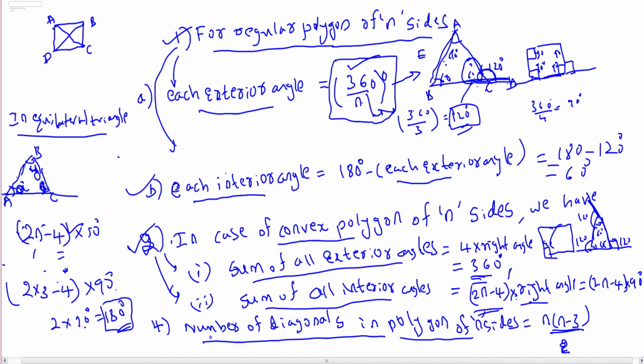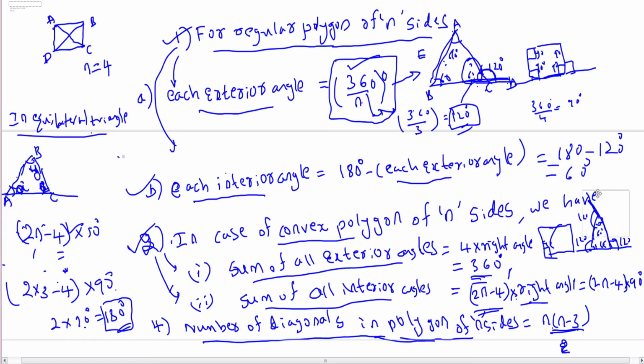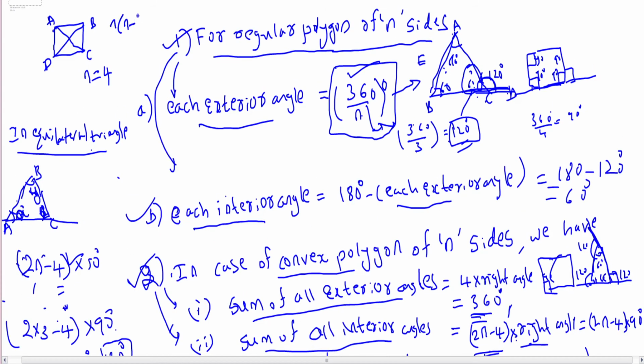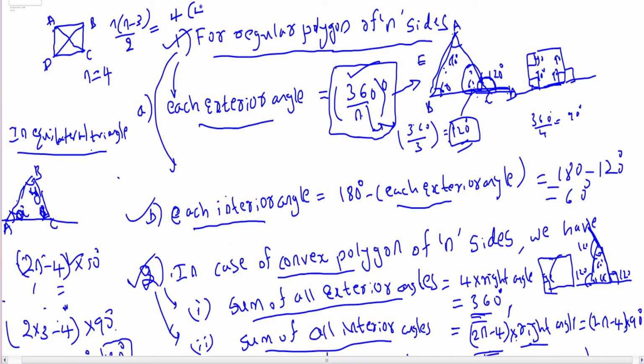The number of diagonals in a polygon is equal to n into n minus 3 upon 2. Here n is equal to 4. So 4 into 4 minus 3 upon 2.